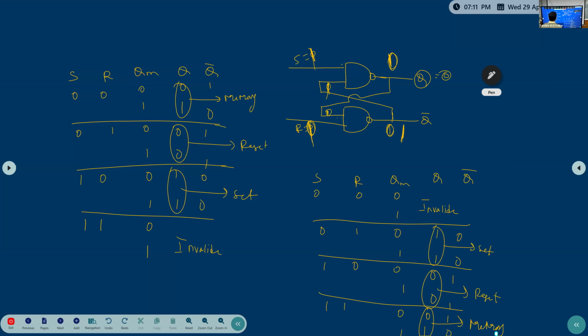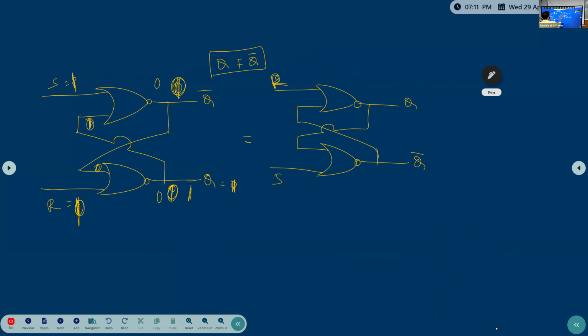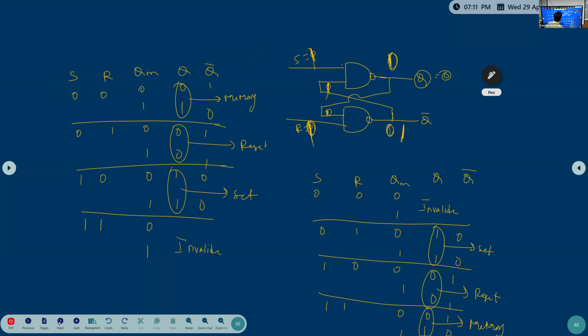If you observe this circuit and this circuit, the connections are the same, but the truth table is quite opposite. Here the 0, 0 case we will get the memory. Here the 1, 1 case we will get the memory. Here 0, 1 we will get the reset. Here 1, 0 we will get the reset. And here 1, 0 we will get set. Here 0, 1 we will get the set.